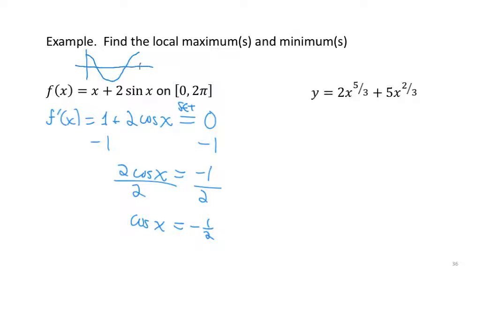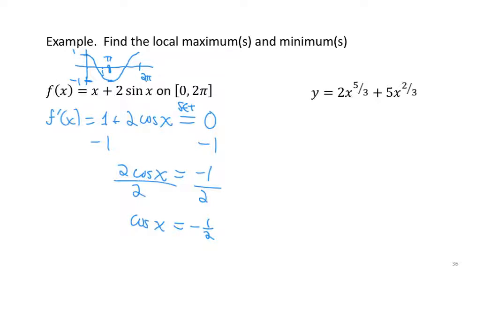So between 0 and 2 pi, cosine looks something like this. And cosine has the value of negative 1 at pi, and positive 1 at 0 and 2 pi. Where is cosine equal to negative 1/2?